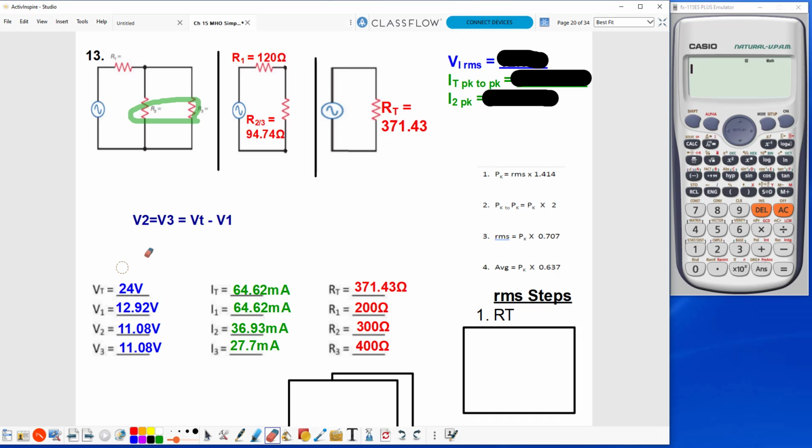All of these are RMS values, so I'm asked for V1 RMS. Well, it's already in RMS, so it's just 12.92 volts. IT peak to peak.